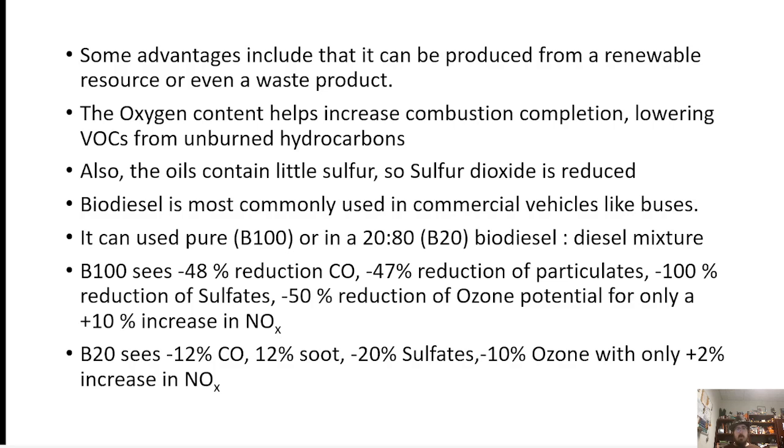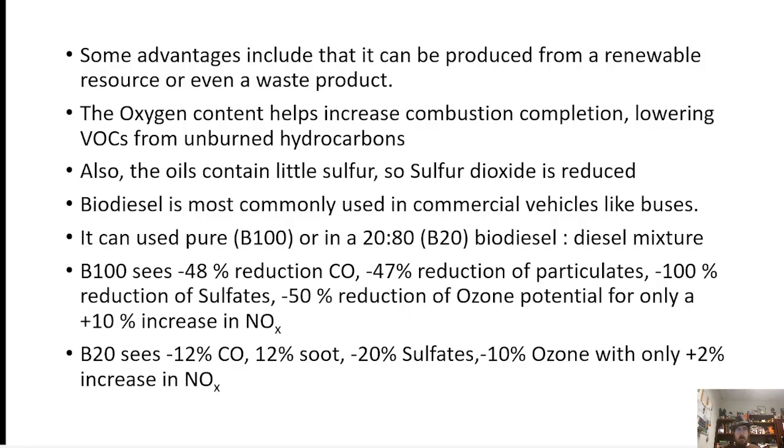It can be used as pure biodiesel or in a 20 to 80 ratio. Now, B100 sees a 48% reduction of carbon monoxide, 47% reduction in particulates, 100% reduction in sulfates, and a 50% reduction of ozone potential for only a minor increase of 10% of the NOx produced.